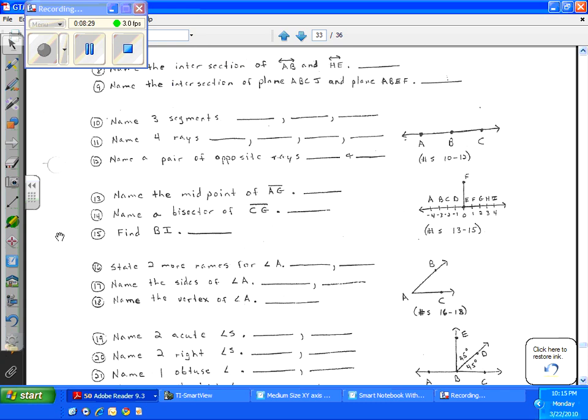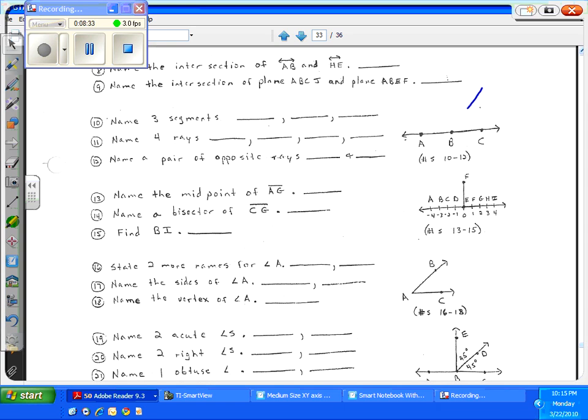Sections 10 through 12 are relating to this picture here. It says name 3 segments. A segment is a part of a line that contains 2 points and all the points on the line between those two. We name a segment without arrows. So we could say the part of line AB that starts at point A and stops at point B and contains all the points on line AB that lie between point A and point B. So that.